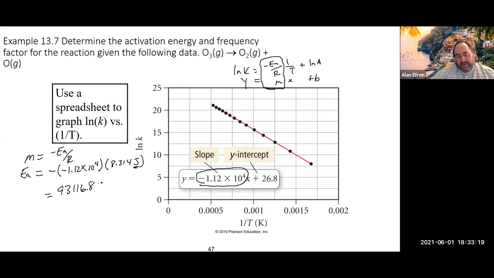The units here would be joules. Since it is typically given in kilojoules, divide by 1,000, move it over 3 places, which gives us something like 93.1 kilojoules. Again, a positive number because it is the activation energy in this case. Any questions on that calculation?